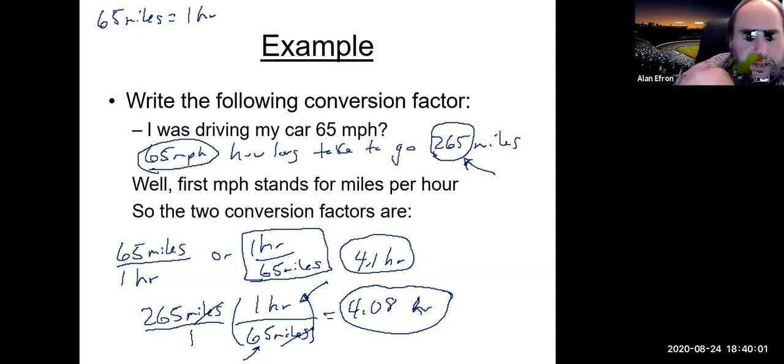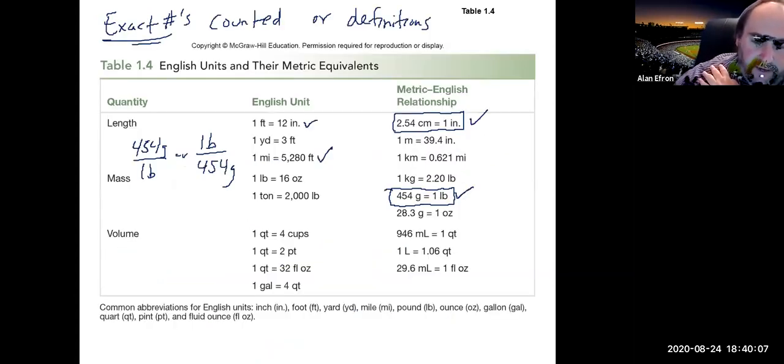But in most cases, probably 9 times out of 10, if you have any type of equality like you have over here, you can probably consider it an exact number. You don't have to worry about it in terms of the calculation. And you can basically just start with the original number.